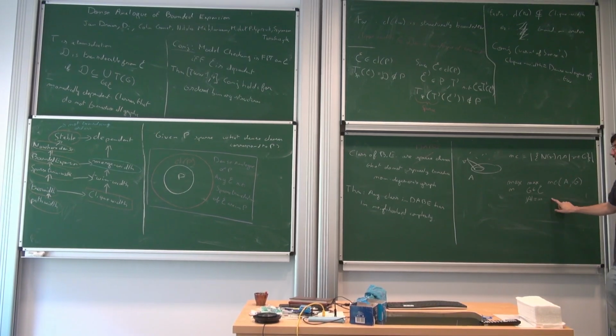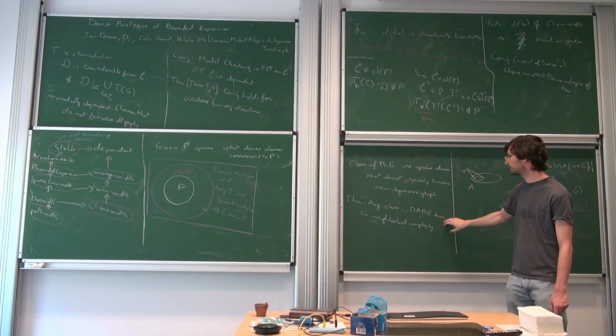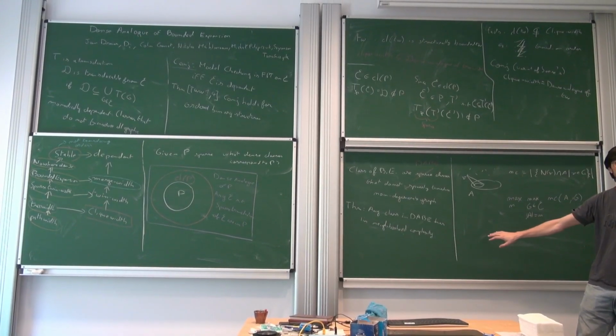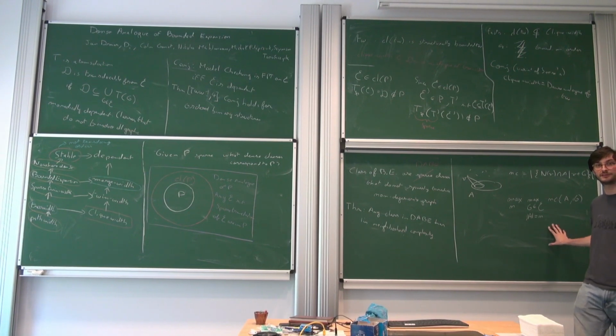The property is, if you take any class in this dense analog, you can prove that it has linear neighborhood complexity. So there is an absolute constant that bounds this number of neighborhoods.